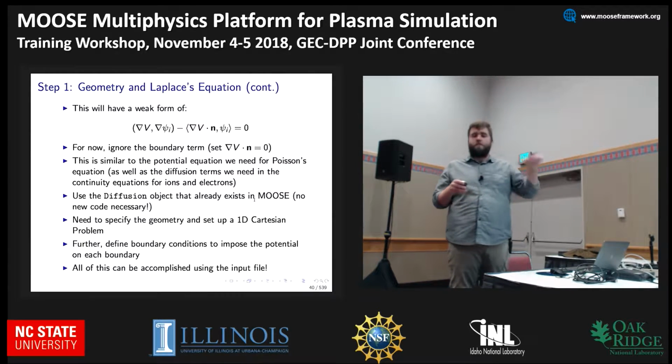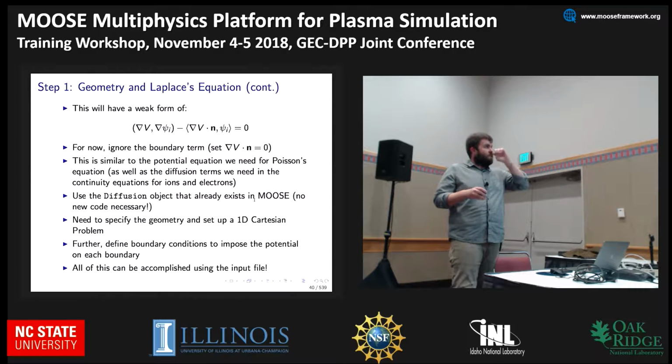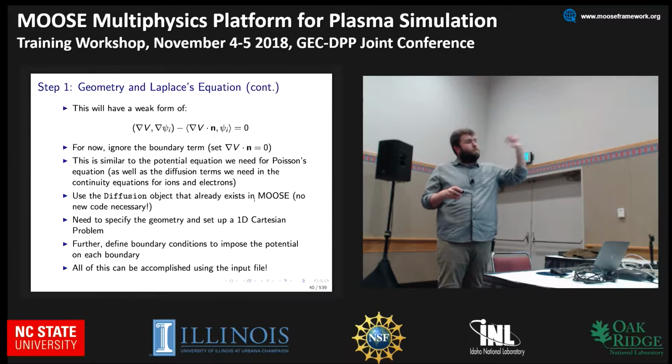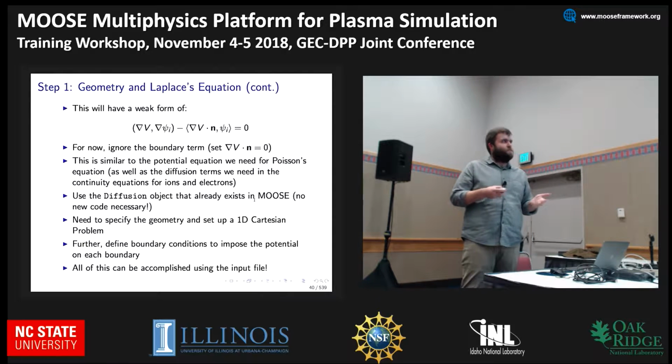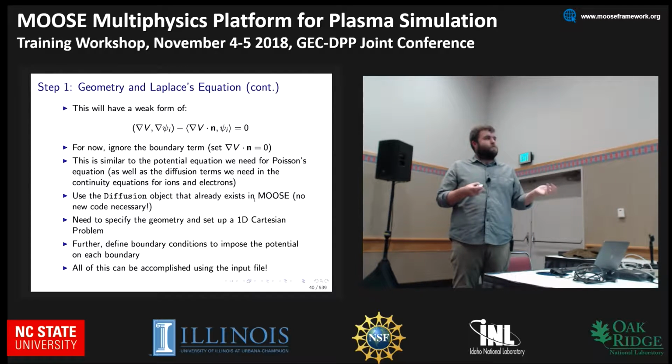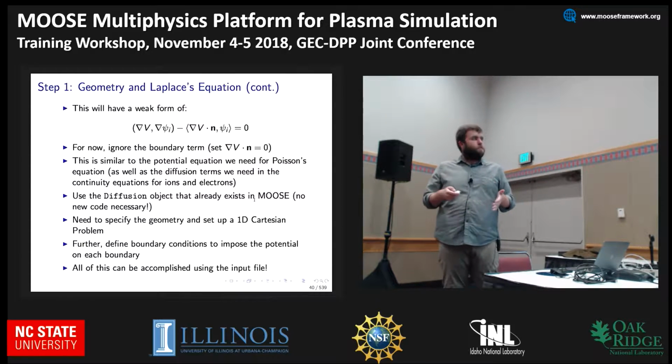The structure of this is similar to what we need for Poisson's equation. In MOOS, this is called a diffusion object, as part of its history in neutronics and those sort of particle fluid calculations. It already exists in MOOS, so we don't need to add any new code to do this.